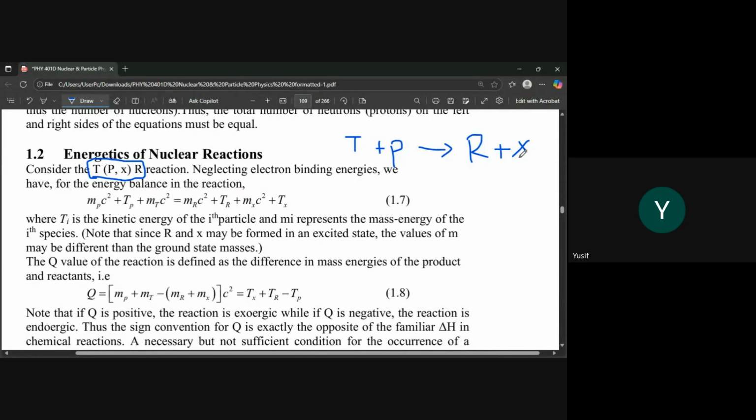At the end of the day, if you find the energy of this and the energy of that, they have to be the same. That's what we are talking about: the conservation of energy.